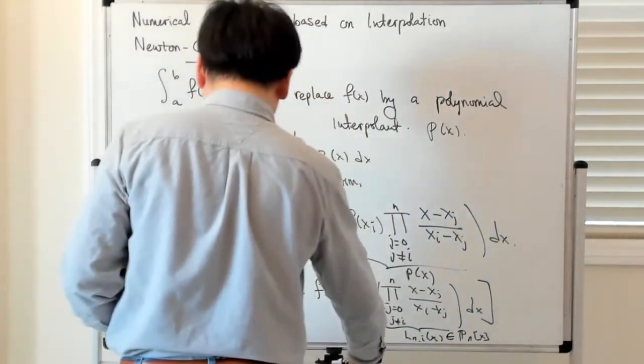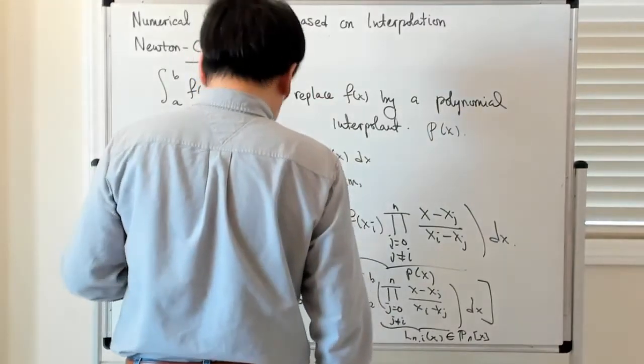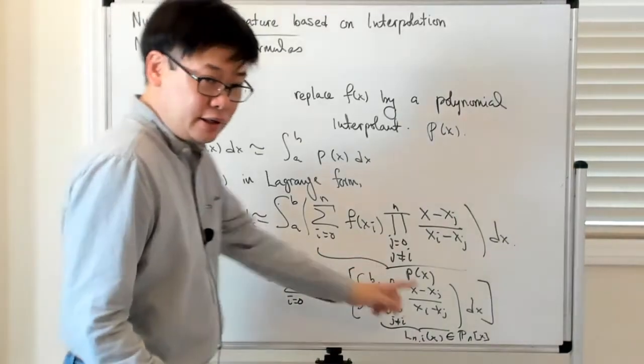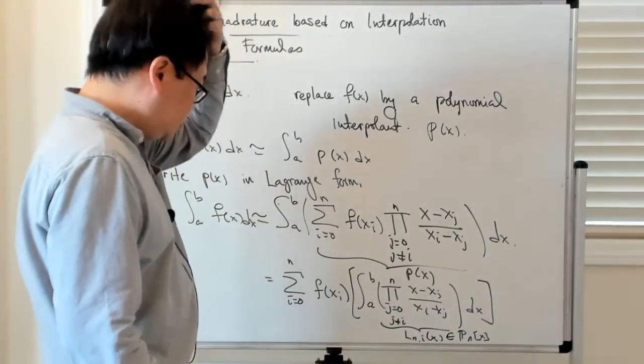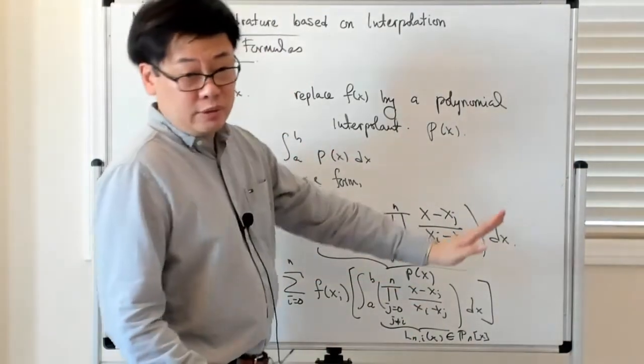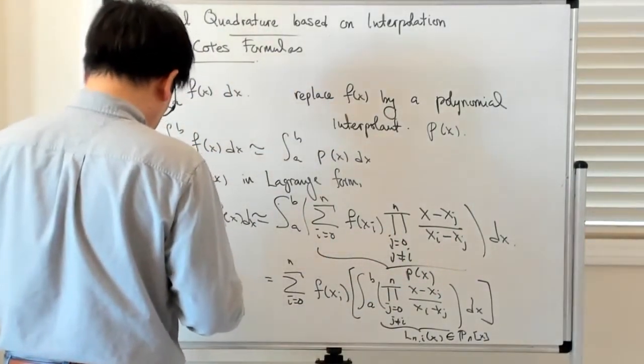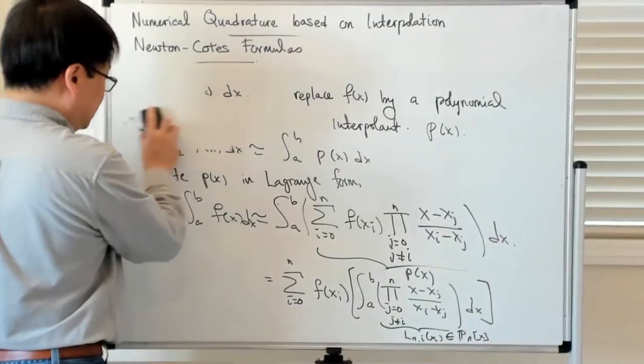Okay, so in any case, that's not quite the Newton-Cotes method, because the Newton-Cotes method assumes something about the xi's. In the Newton-Cotes method, the xi's are all equally spaced from each other. That's what gives them that Newton-Cotes form.